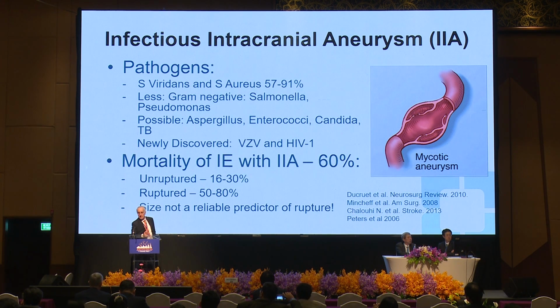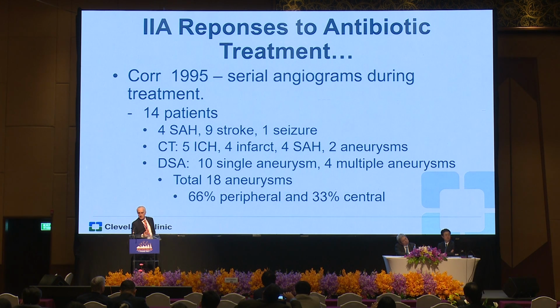And if you have an infectious aneurysm, the mortality associated with endocarditis is high, and of course if it is ruptured, it's very high. But size is still not a reliable predictor of rupture, even if you would anticipate that.